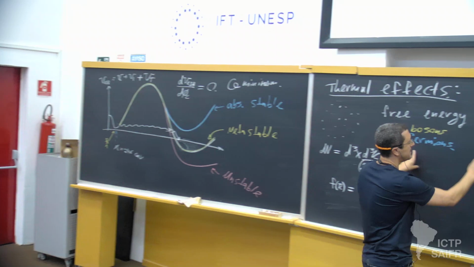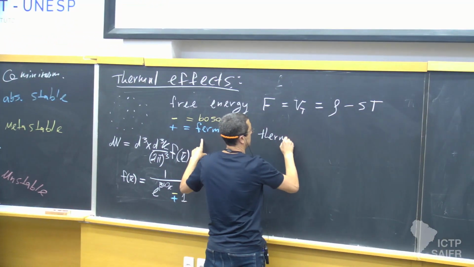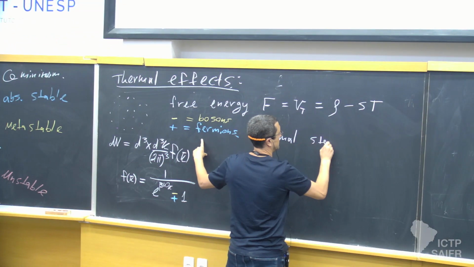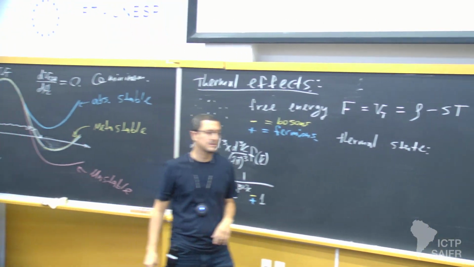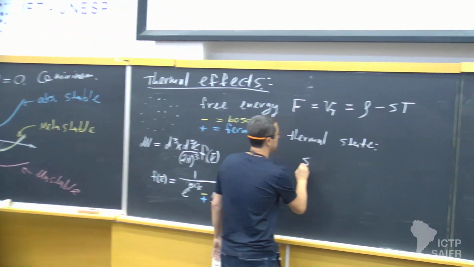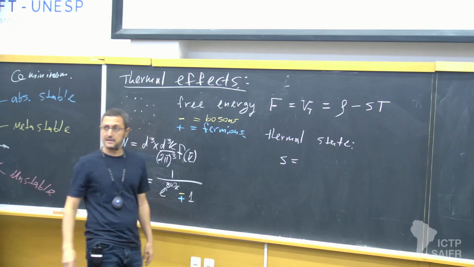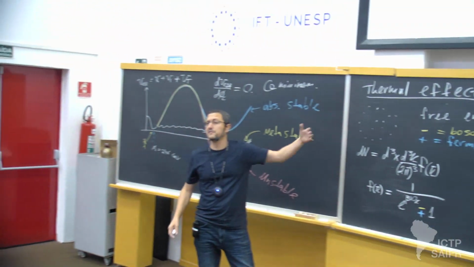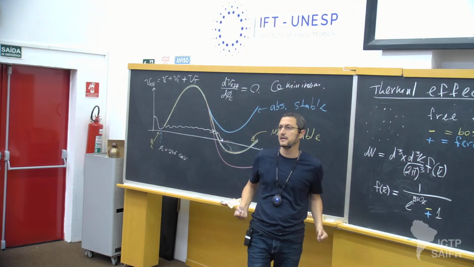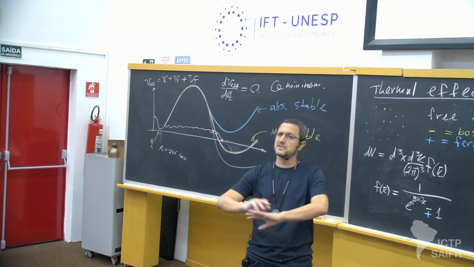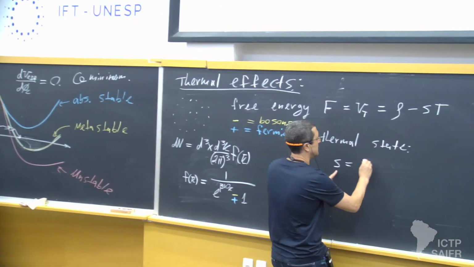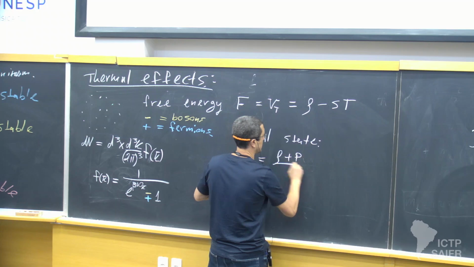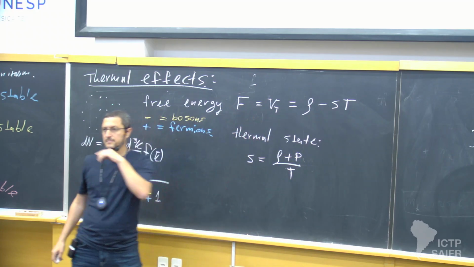In the thermal state, it's a very fun exercise to derive that the entropy for a quantum non-interacting gas, this will be our first exercise. You can add interactions later if you want. We will start with the simplest thing. Let's look at the quantum non-interacting gas. Then this S is rho plus P over T.